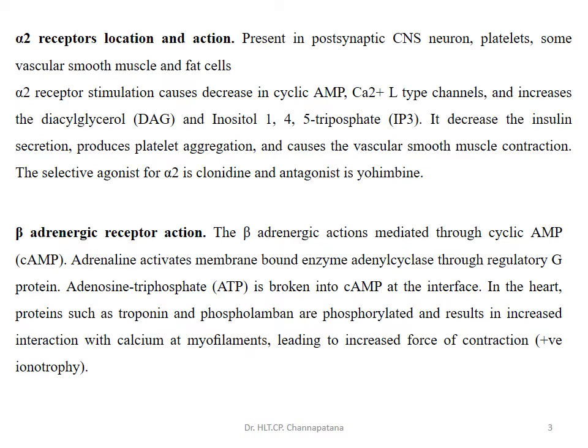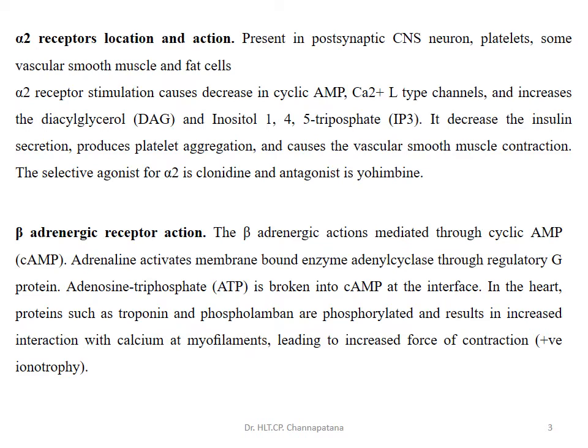Stimulation of alpha 2 receptors, that is when adrenaline or noradrenaline bind to the alpha 2 receptors, causes a decrease in the activation of cyclic AMP and also decreases the activation of calcium L-type channels, that is long-lasting channels, and increases DAG, diacylglycerol, and IP3, that is inositol triphosphate.